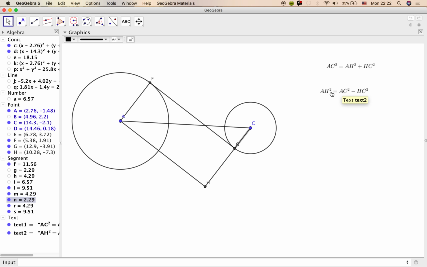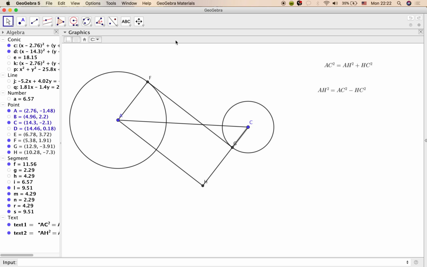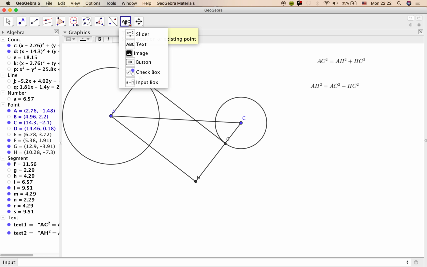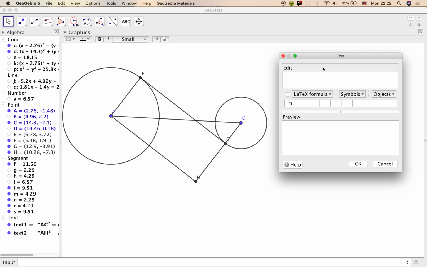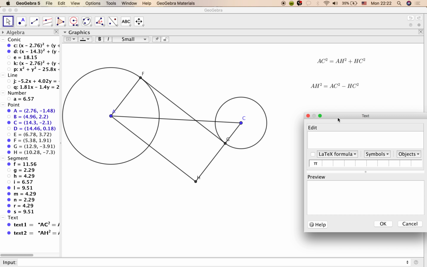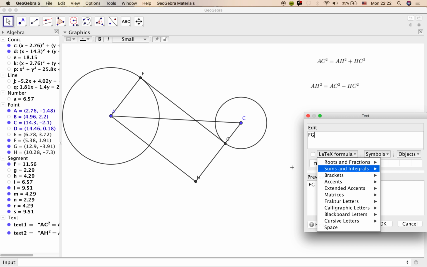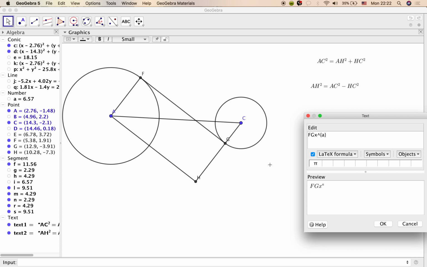So we can then say, one more text, that FG squared, which is our actual internal tangent, I think I'm just going to copy this and paste.